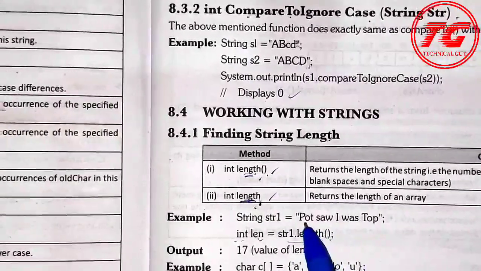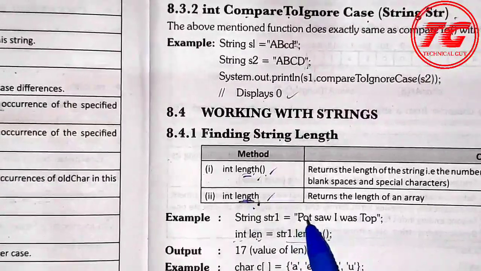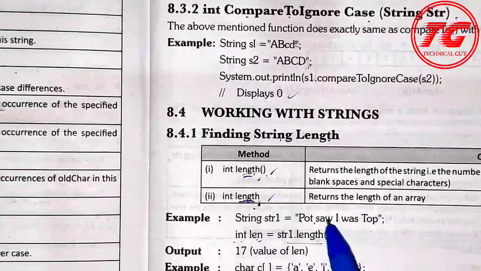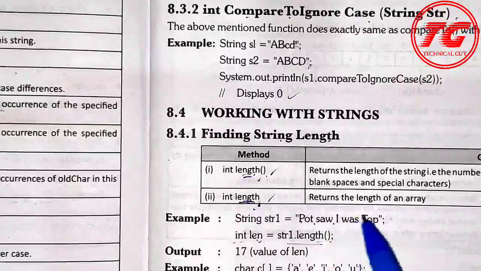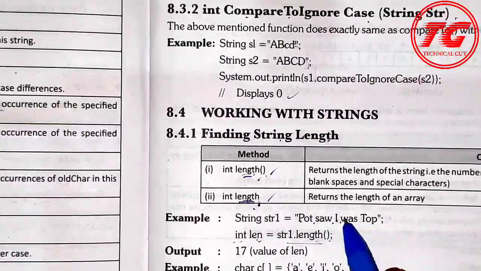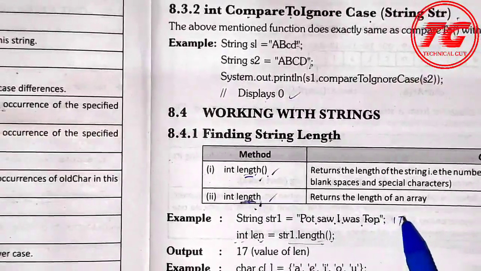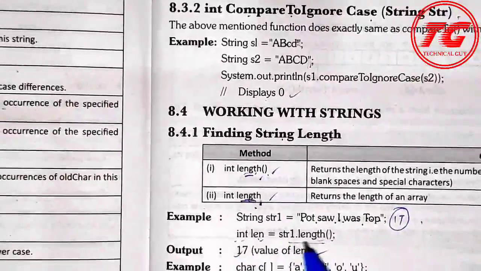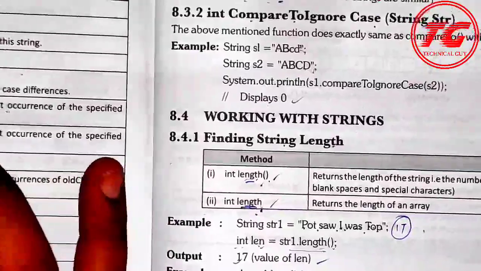Let's see how many characters are there. 1, 2, 3, space is also there, that is 4, 5, 6, 7, space is 8, I is 9, space is 10, 11, 12, 13, 14, 15, 16 and 17. So here it will return you 17 as the output of this length method.